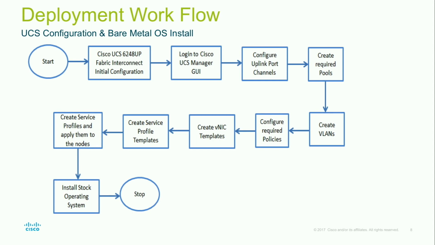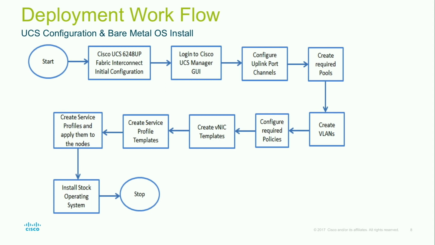Any ports that you need to configure for uplink, these are your Nexus switches. Then you create the required pools of MAC addresses, UUID pools, and IP management pools, and configure the requirements for your VLAN. And any policy like quality of service that you need, and use templates.